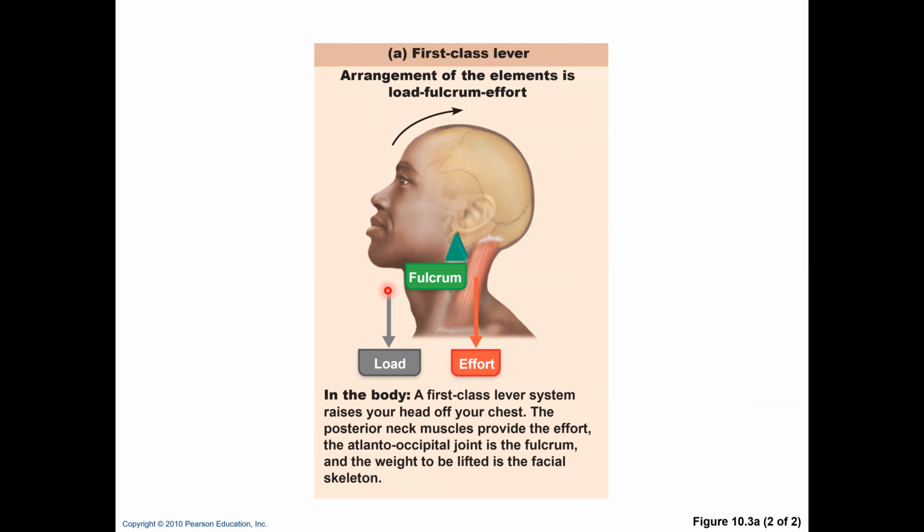Load is on one side, and load is the weight of your head, and effort is the action of your back posterior neck muscles, right? So that's the effort. So that's a class one lever, and this one can give you both mechanical advantage, power, and speed.